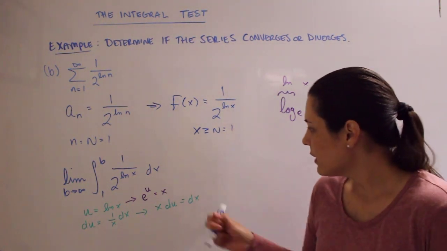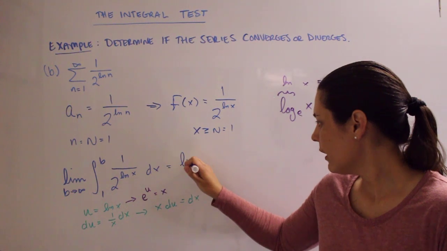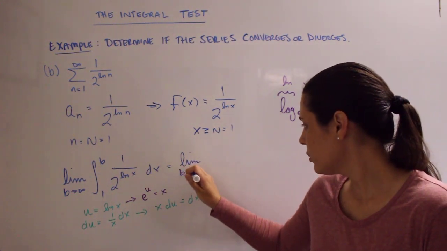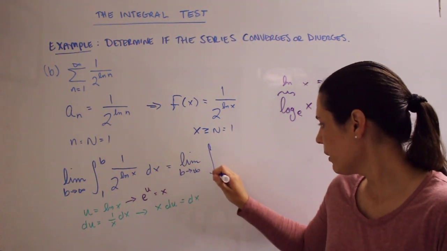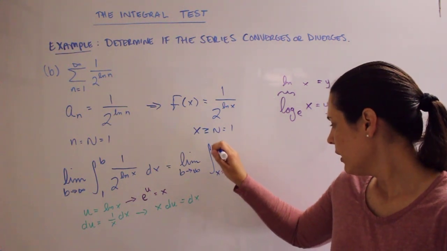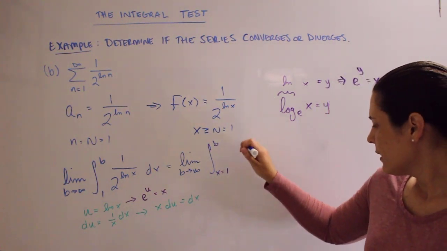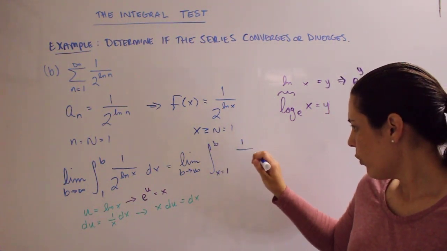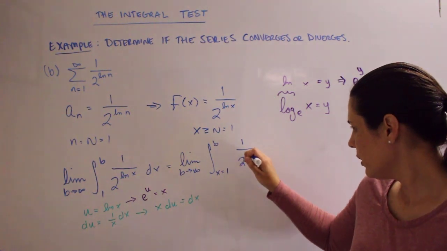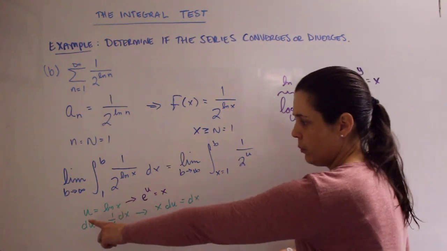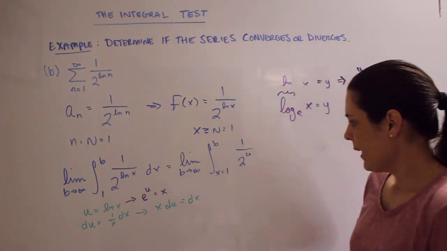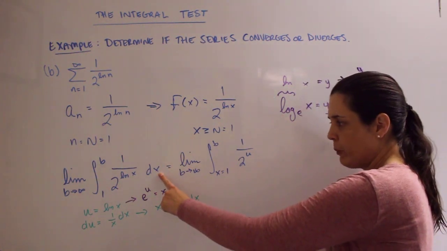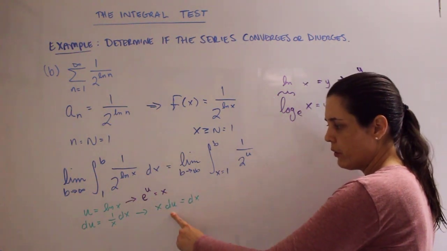Now let's rewrite this integral. We have our limit as b goes to infinity. I'm going to specify this is x goes from 1 to b. And this is now 1 over 2 to the u, because ln x was u. And my dx is getting replaced with x du.